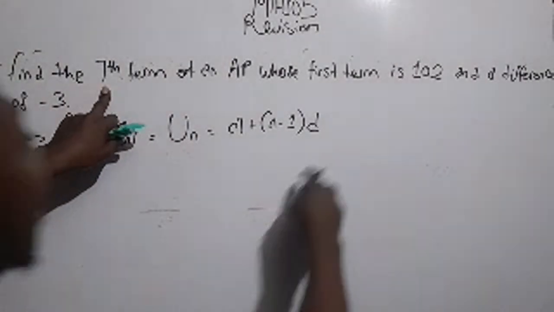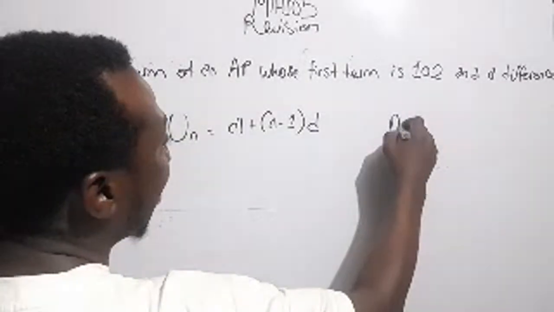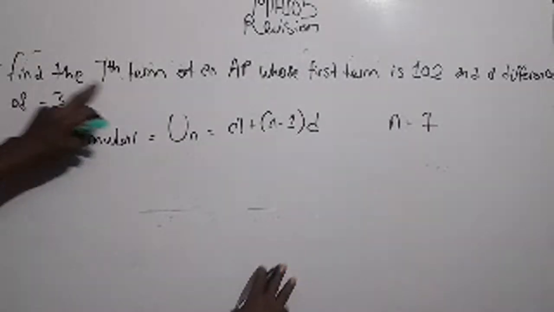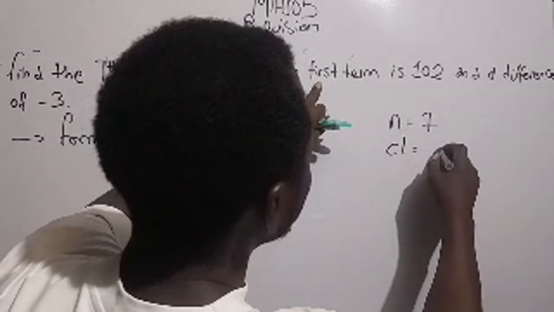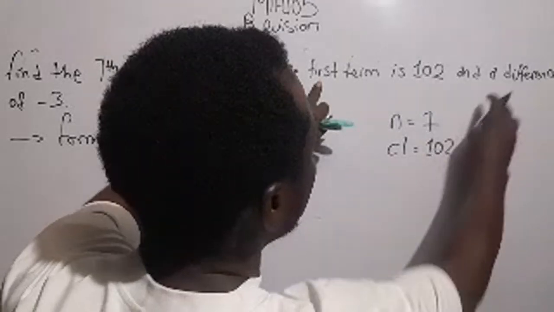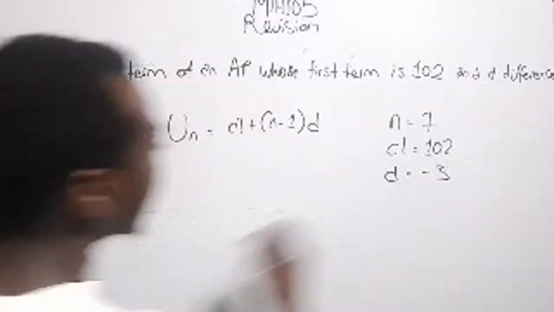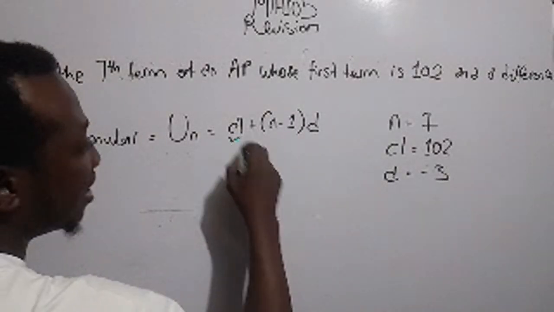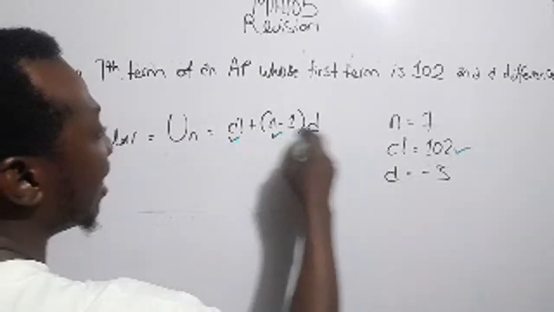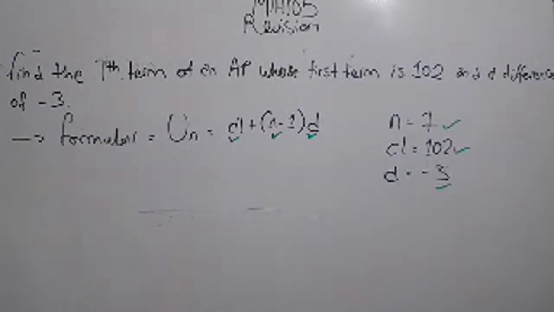We already know our n is 7, the first term A is 102, and the difference d is minus 3. So everything is resolved and we can start interpreting.